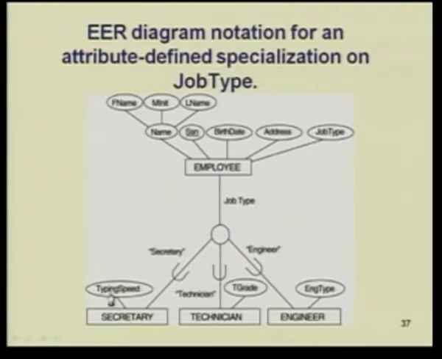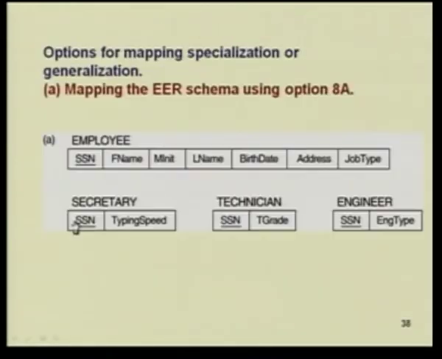Here you will have this attribute along with this attribute, and so on. So, that is what you will be seeing here. This is the relation for the superclass. These are the three relations corresponding to the three subclasses, and if you look here, this primary key comes here also as an additional attribute in each of the subclasses. This we have used as the first attribute.